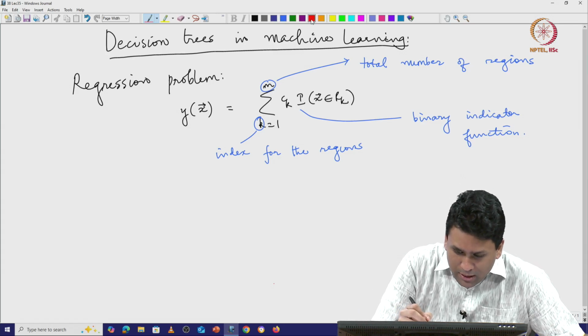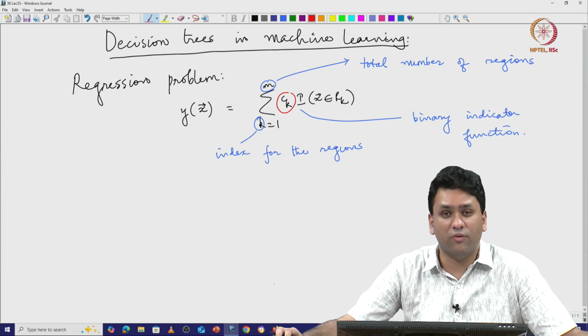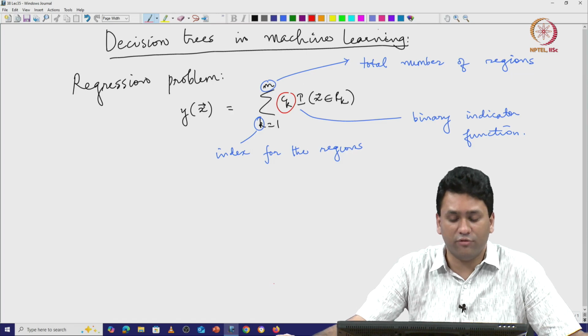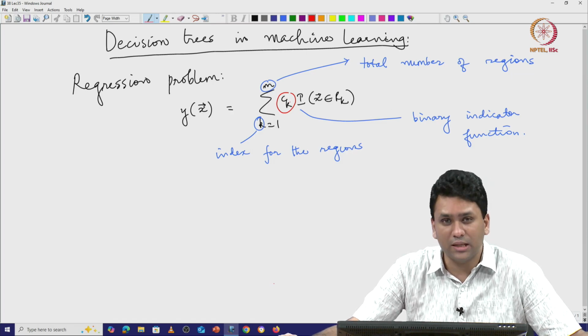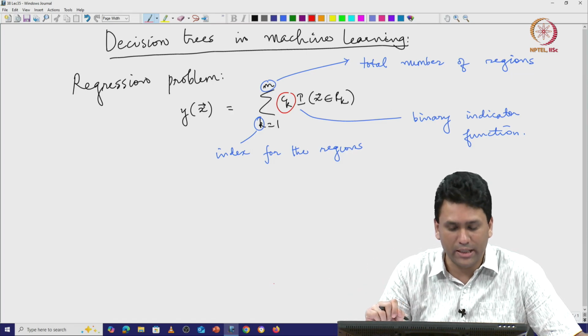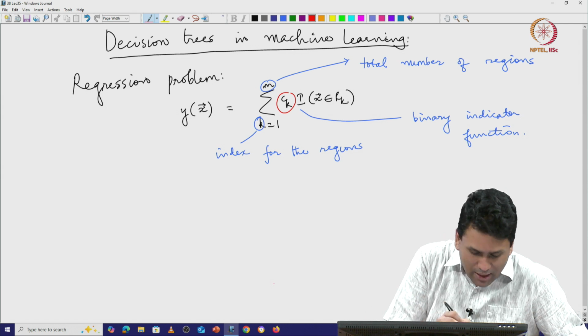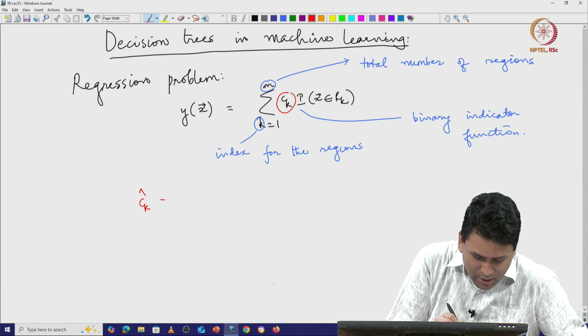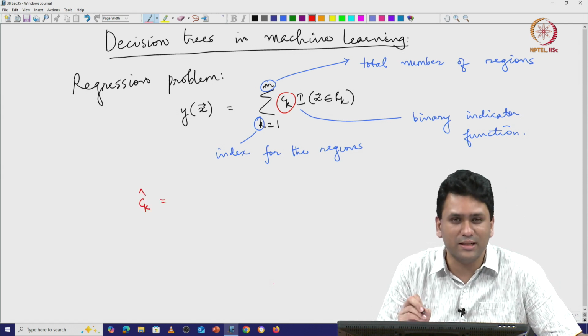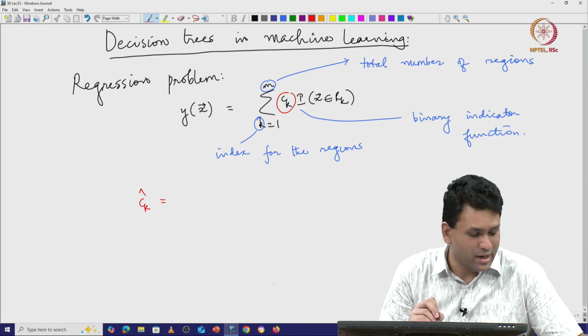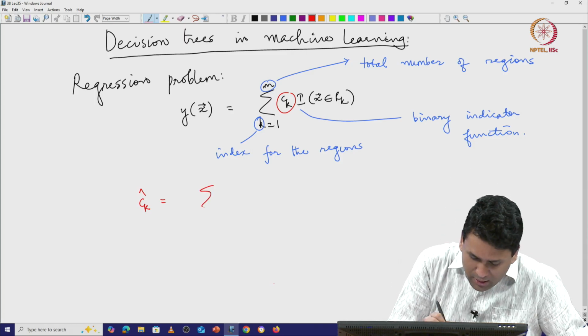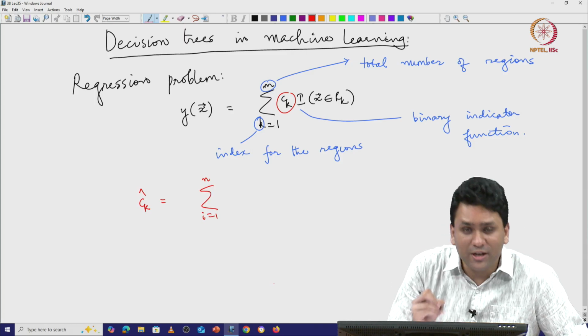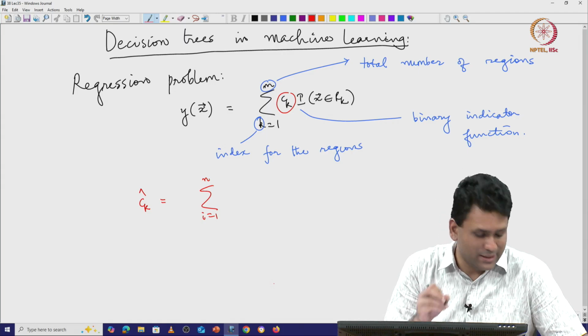The main thing that was to be done is to find out the optimal values of these Ck, which are the values assigned to every region, and we said that these Ck hat can be obtained by minimizing the sum of squared errors, and it was very simply shown to be essentially the average value of the target variable in that region.